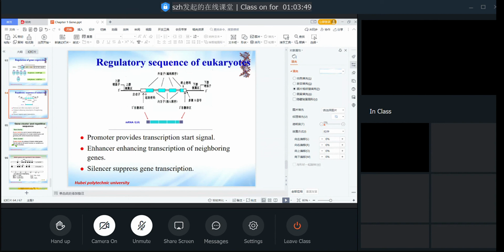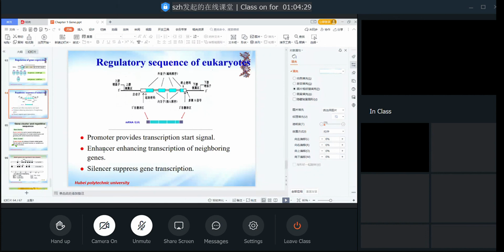Here you must pay attention to the promoter, which is located upstream of the positive one. And the enhancer may be in the structural gene, or upstream, or far away from the structural gene. Enhancer sequences all have their function, enhancing the expression and transcription of the gene.